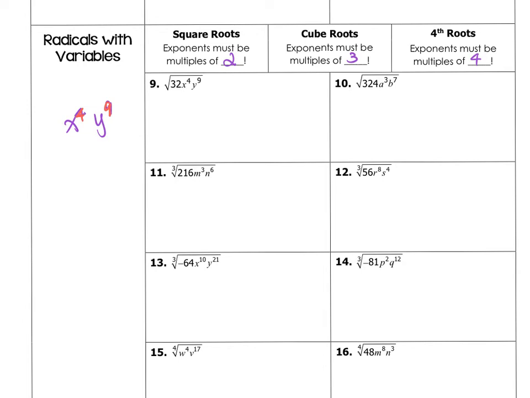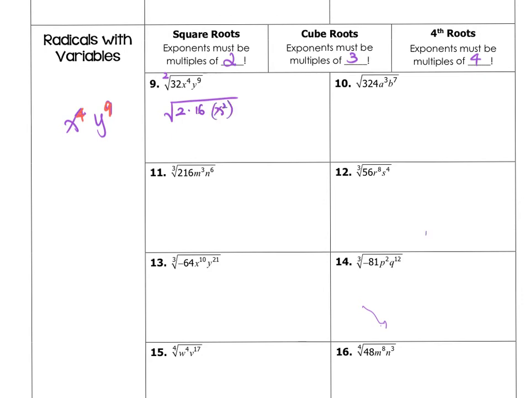Inside number 9, you have numbers and variables. Notice that if there's no radicals, there is an invisible 2 there. So I'm trying to change everything into perfect squares, right? So 32, I can rewrite that into 2 times 16 because I know 16 is a perfect square.